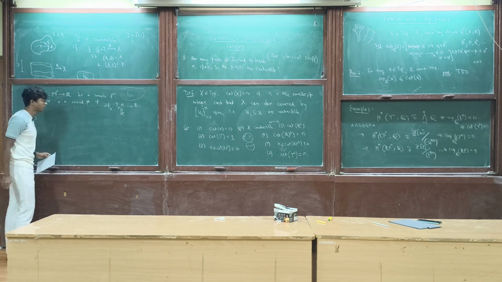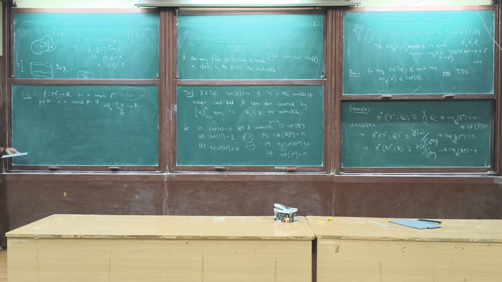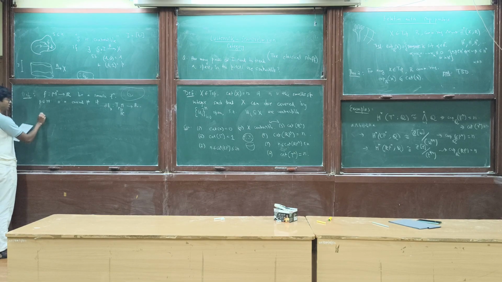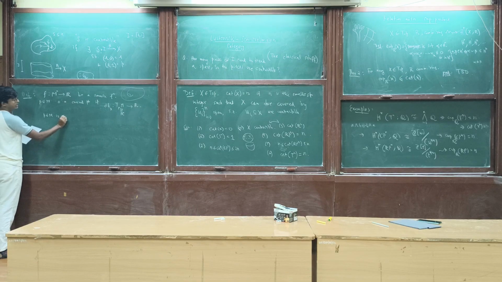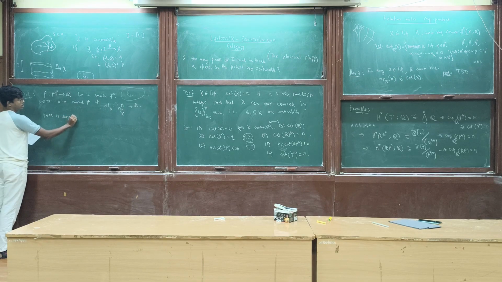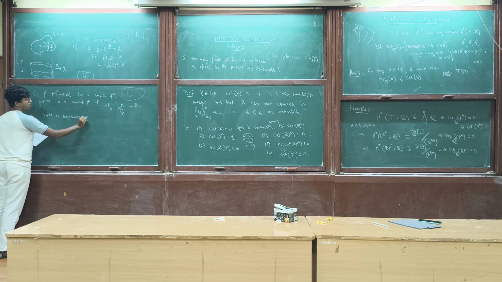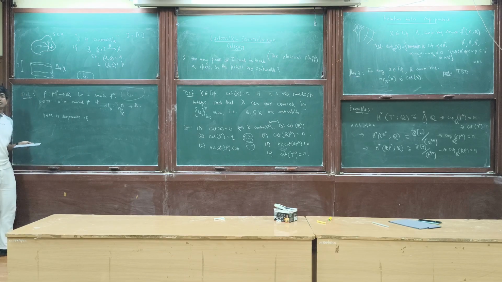It's the same as in real analysis. The critical point P is degenerate if, what do we know in real analysis? It's degenerate if the second derivatives are 0.